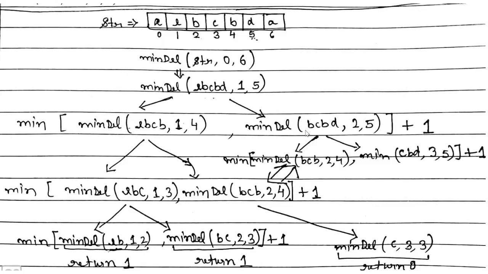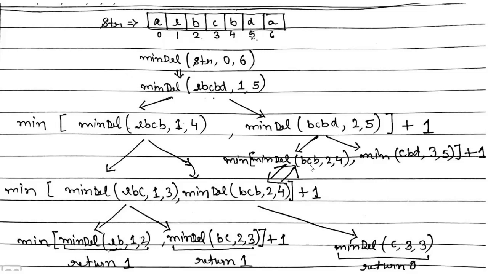Now the other could have been if I would have deleted E instead of D over here. Look, in EBCB, what did I delete in this string EBCBD? I deleted D. So I got an answer of 1 over here. So what if instead of deleting D, I deleted E? So what would I have been left with? I would have been left with BCBD. So how many characters do I need to delete in BCBD such that it becomes a palindrome? Again, we would have recursed.